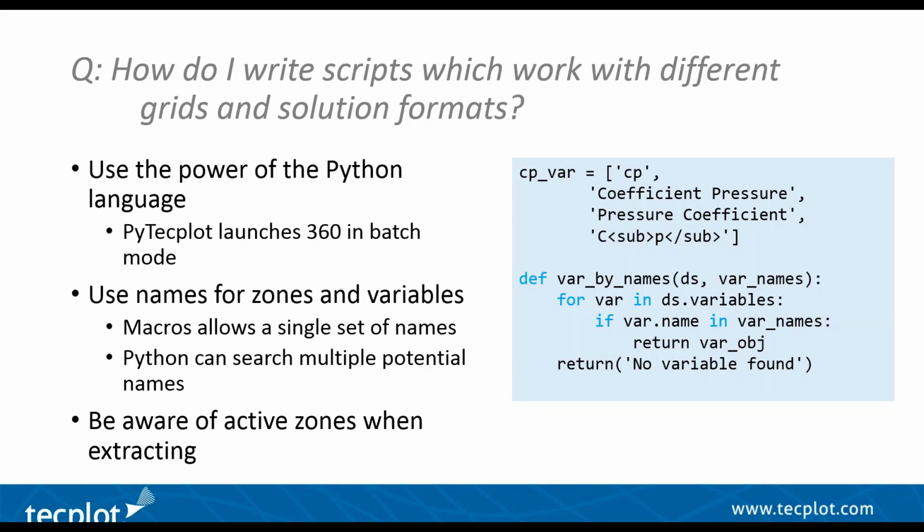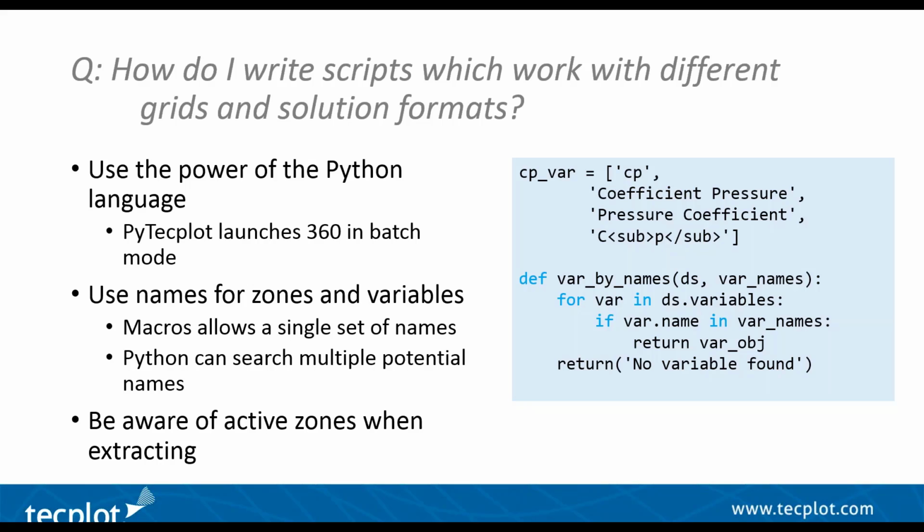Most actions can actually accept a name in addition to an index. So that can allow your macros to be even more general. But for the most part, we highly suggest going to Python if you're needing this flexibility between grids and solution formats.